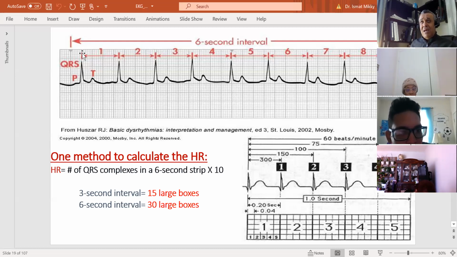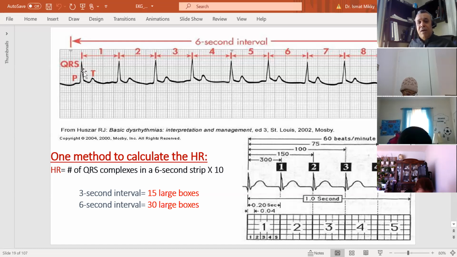So when we say the EKG or the rhythm is normal, normal sinus rhythm or regular, when you say this rhythm is regular, it means that for every QRS there is a P wave, or if you say there is a P wave for every QRS.